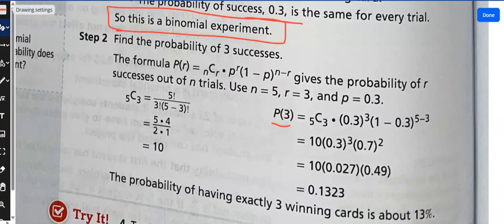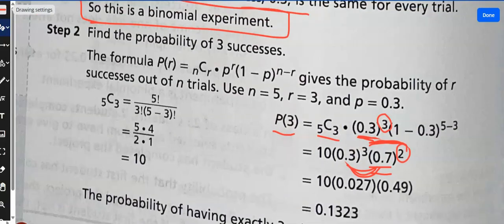So we've got this one, the combination right there at the beginning, 5C3. And then we have probability of success. We got 3 cards. And then the probability of failure, we have 2 cards. Now, I wouldn't look at this top line because it gets kids all confused. You just need to realize that these two have to add up to 100%, and these two have to add up to the number of trials. And then you let the calculator do the work. So the probability of getting exactly 3 winning cards is about 13%.